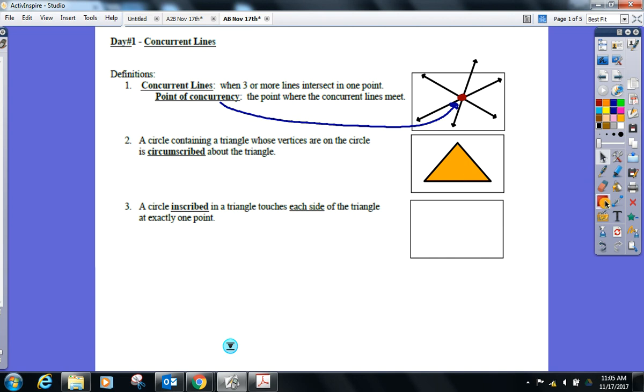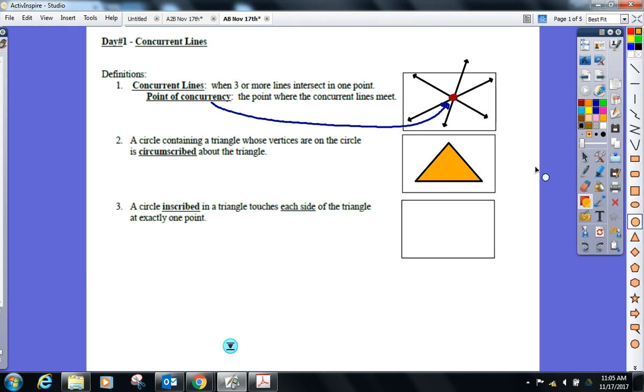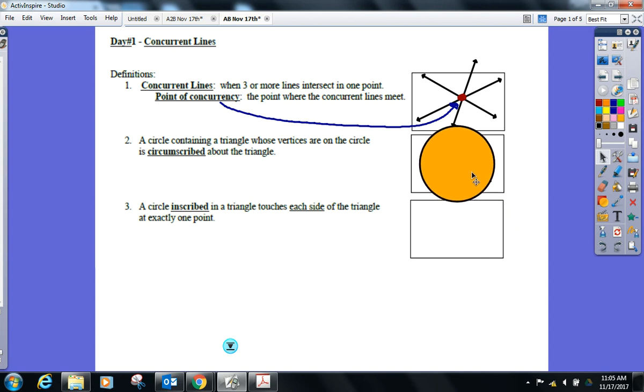Draw a circle around that triangle so that each of the three vertices are touched on the circle. Okay, we all good? Everyone have a triangle inside a circle where the vertices are touching the circle.